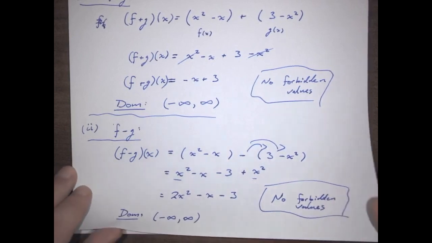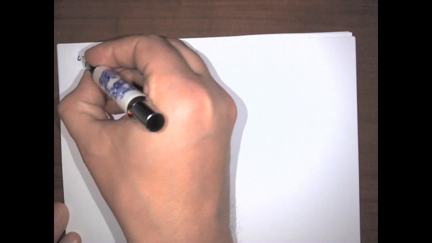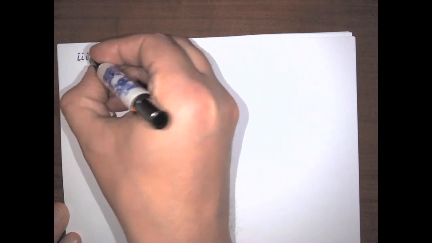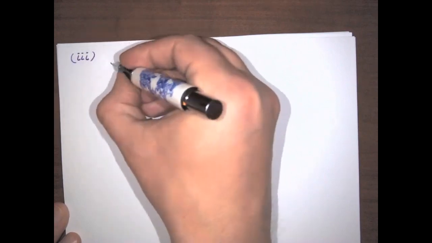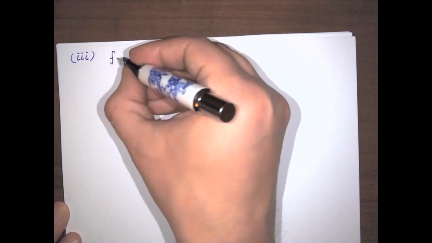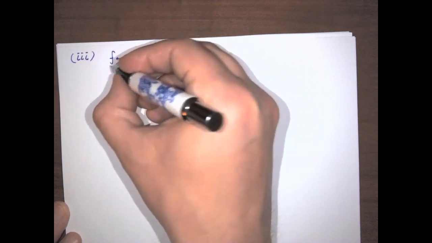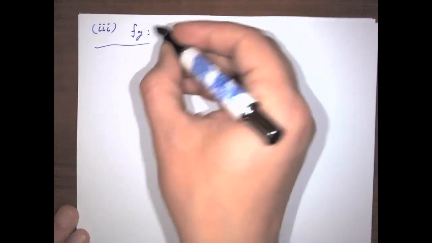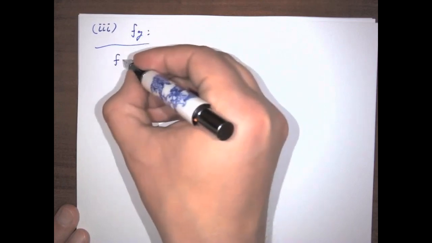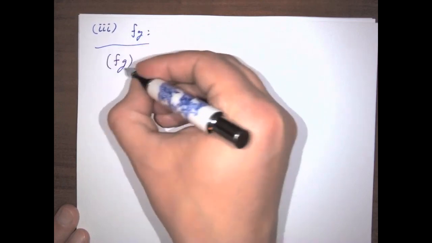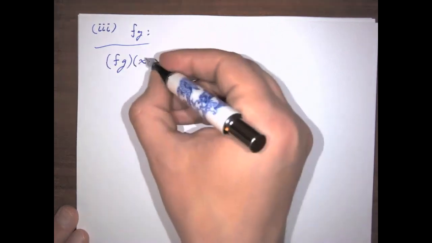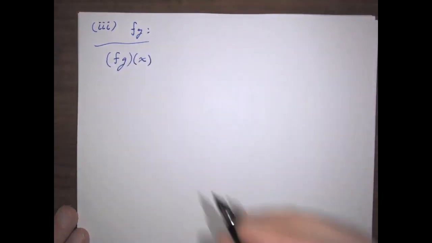All right, now multiplication. Again, for multiplication, what we are just going to do is multiply the two formulas together. So fg. Well, we're just multiplying the formulas together and we want there to be an x, then we want to say that this x pertains to the combination formula that we get by multiplying them.